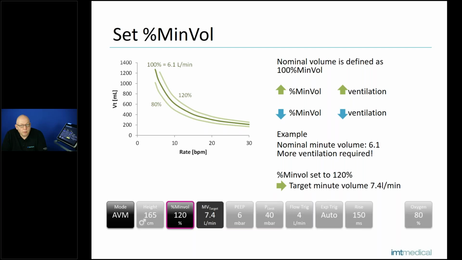I don't have to care about this. Usually I have to think about what to change, either the rate when I'm doing it manually, or the inspiratory pressure, or the volume. And here it's a very luxurious and comfortable thing to just say, I need 8 liters, please ventilator, do this for me. And I can be sure that he will do it with the least work of breathing.